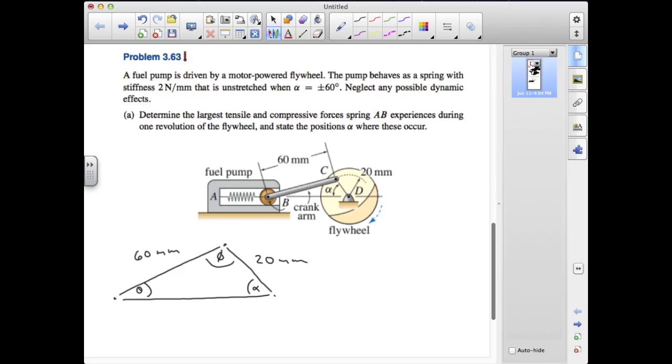So I've sketched a triangle here showing the relationship between points D, B, and C at the configuration where the fuel pump spring is unstretched. We know alpha equals 60 degrees, so we can use the law of sines to get the angles theta and phi.